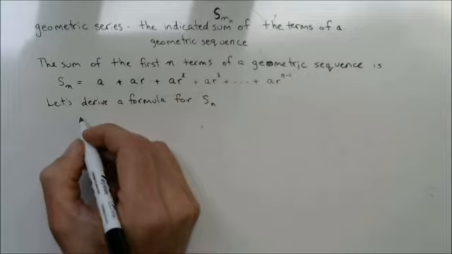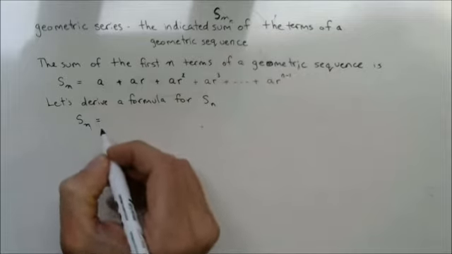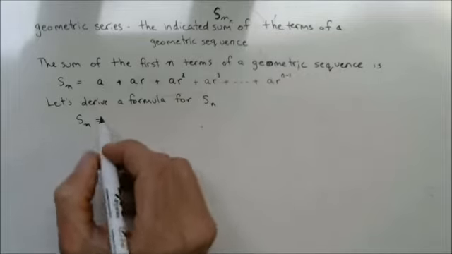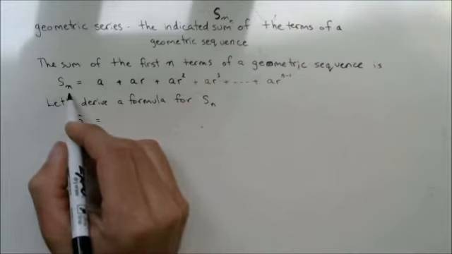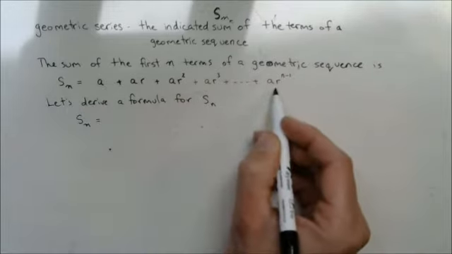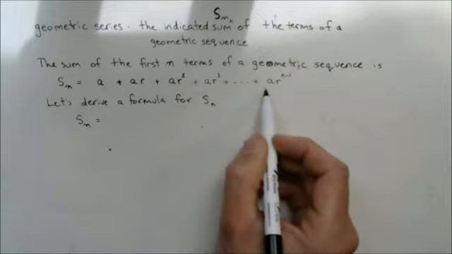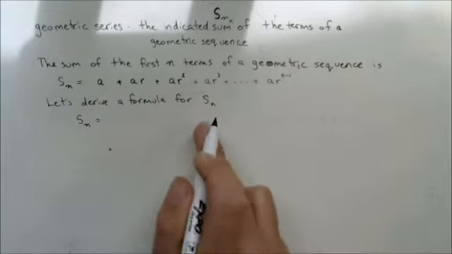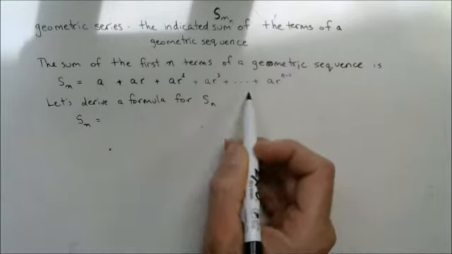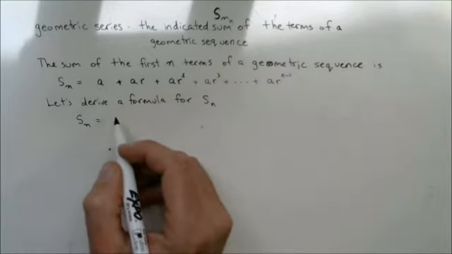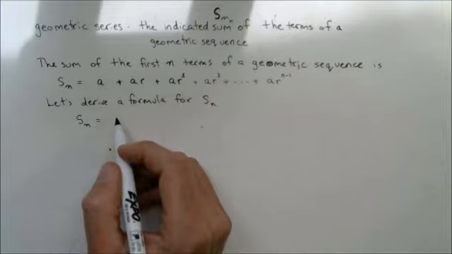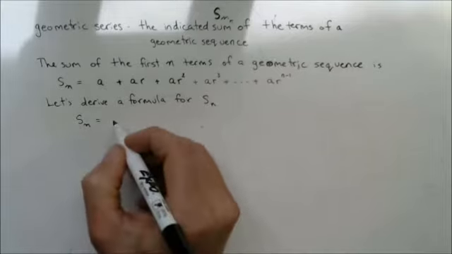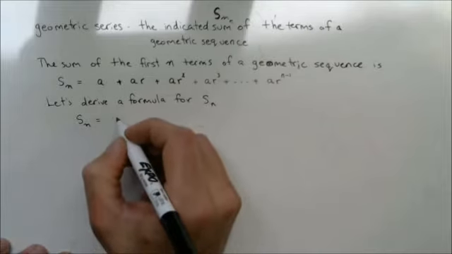We're going to start with the definition or the formula for the sum of the first n terms, what we have here. In order to use this formula, you'd need to know every single term. So we're going to generate a formula that allows us to calculate the sum without knowing every single term, or sometimes even how many terms there are, or sometimes even what the common ratio is. Okay, so we're going to work through it like this.